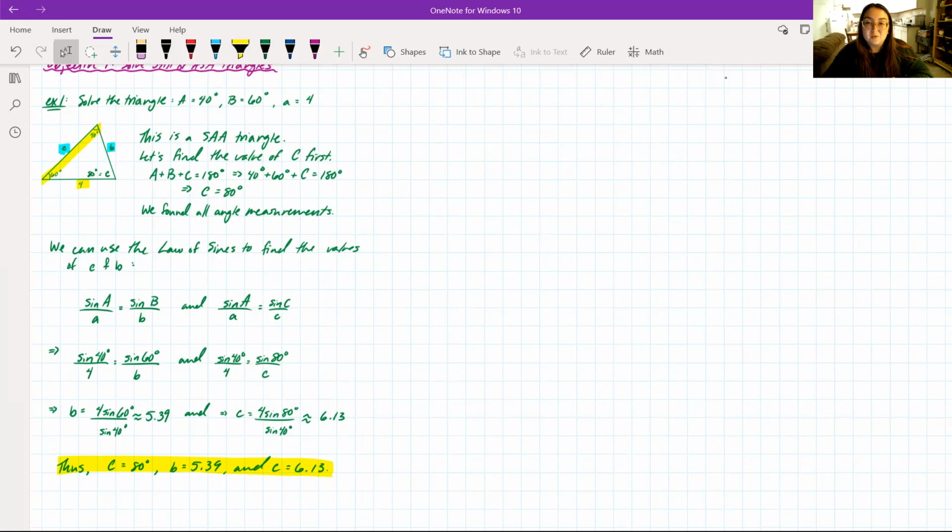And we could have used the value for lowercase b, but as we saw, it ended up being a decimal value. It was 5.39. And when we found this decimal value, we rounded to 2 decimal places. And because we rounded, if we use this value in our calculation for the law of sines, it would just make our final value a little bit more inaccurate.